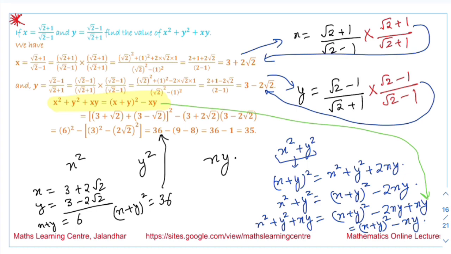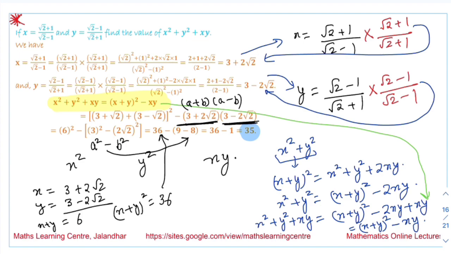So it is (3 plus 2 root 2) into (3 minus 2 root 2). This is the formula (a plus b) into (a minus b), so it is a square minus b square. You substitute this value, and the final answer that you will get is 35.